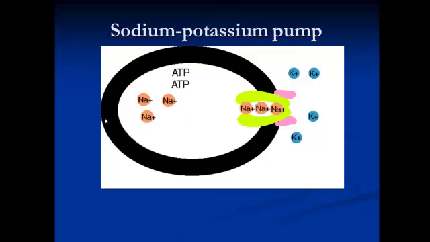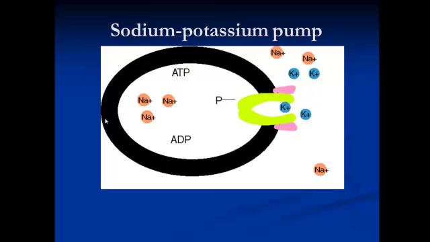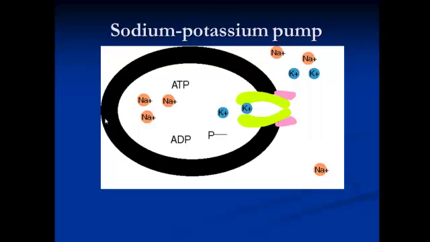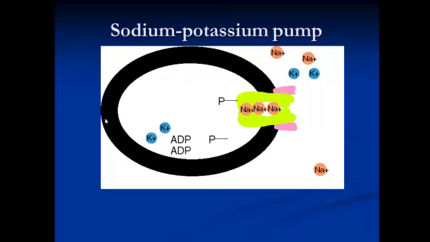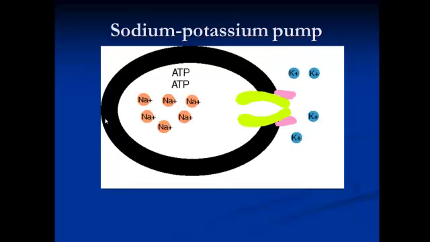Now, I don't know if you remember from biology, but ATP is created from ADP during cellular respiration, breaking down of sugars. And this whole process of taking sodium out, bringing potassium in, takes energy, and that is in the conversion of ATP to ADP.